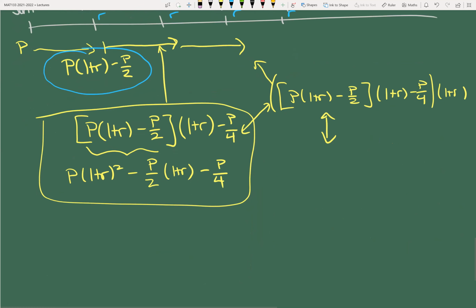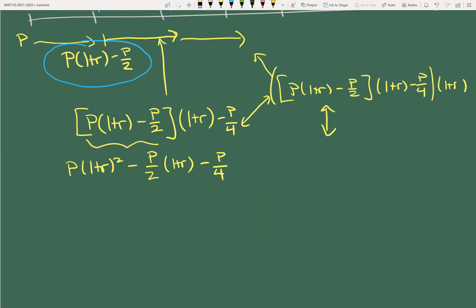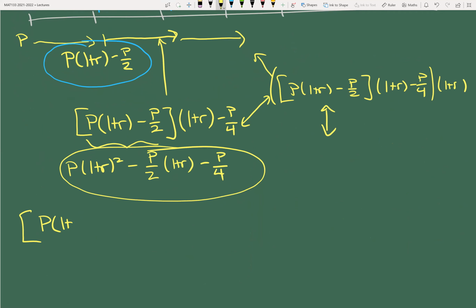I want to take this thing and multiply the whole thing by 1 plus R, so P over 4 times 1 plus R. When I expand that, I just collect it with all the other 1 plus R's, because there are already two 1 plus R's here.